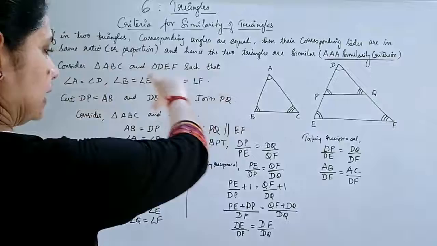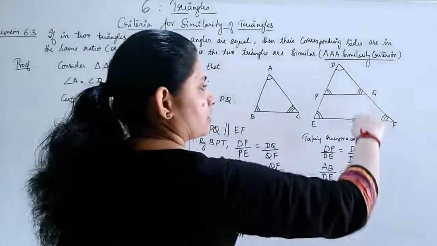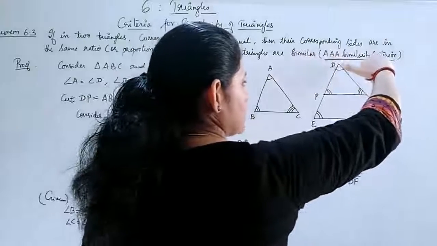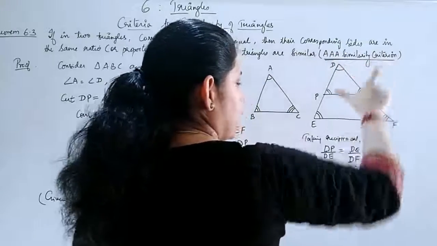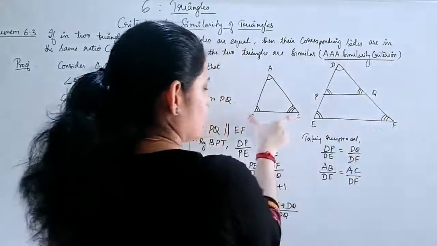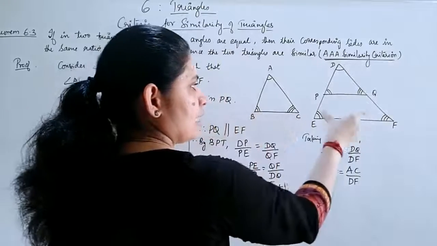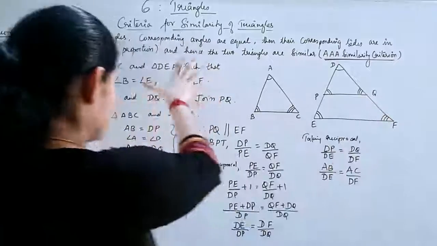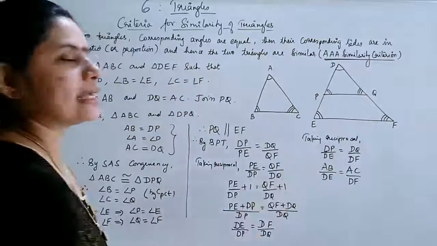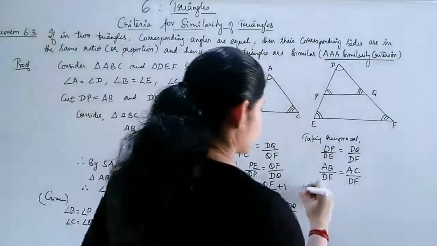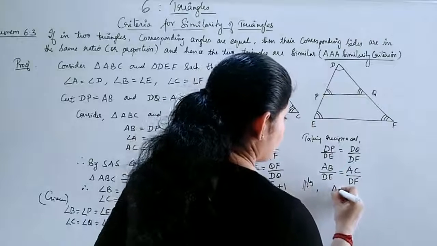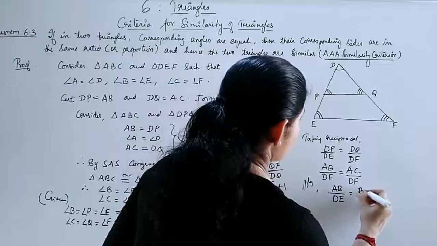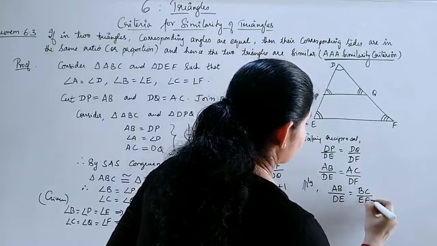first step cutting in this direction. That means in DF, if you take the length of AC to be cut here as that DP, and in EF you can just take the length of BC and cut here as DEQ, and joining and using the same concept, you will get the conclusion that AB by DE is equal to BC by EF.